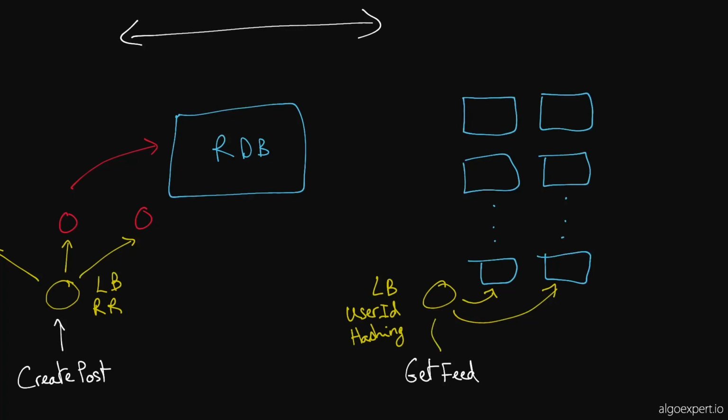These API calls go to the load balancer up here. And then we can have the ranking algorithm that lives in between these shards that hold the news feeds and this relational database.